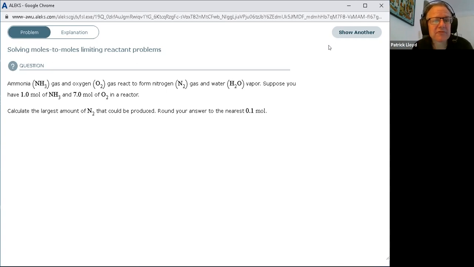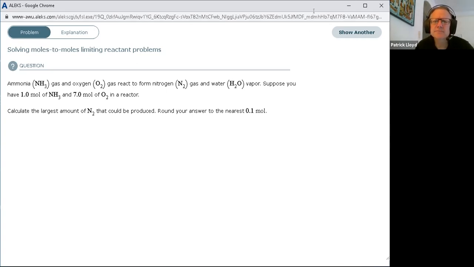Suppose you have 1 mole of ammonia and 7 moles of oxygen. Calculate the largest amount of N2 that could be produced. Okay, so let's take a look at this one. It's ammonia plus oxygen to form nitrogen and water.